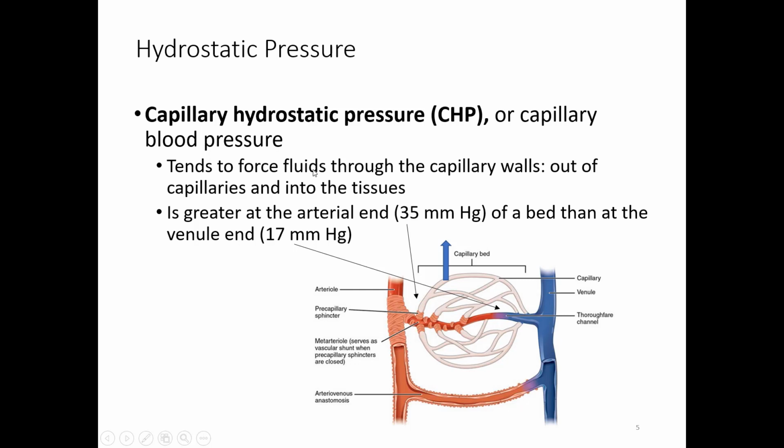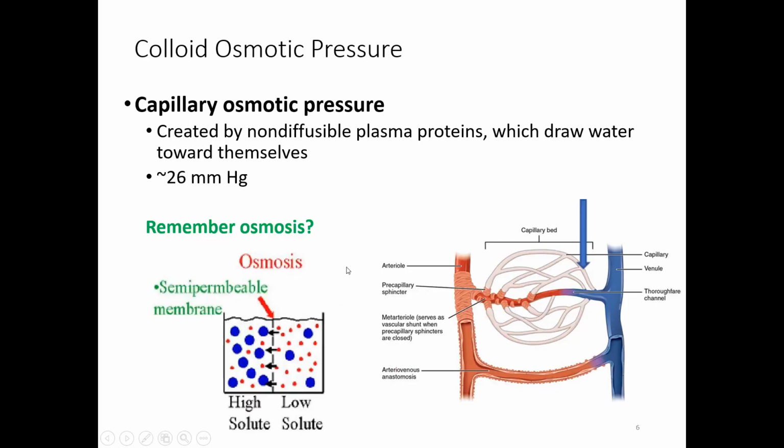So it tends to force fluids through the capillary walls outside of the capillaries into the tissues, because it's higher than pressure in the tissues. At the venule end right here, that capillary hydrostatic pressure will be much lower. Please remember that number too. Right here it will be just 17 millimeters of mercury.